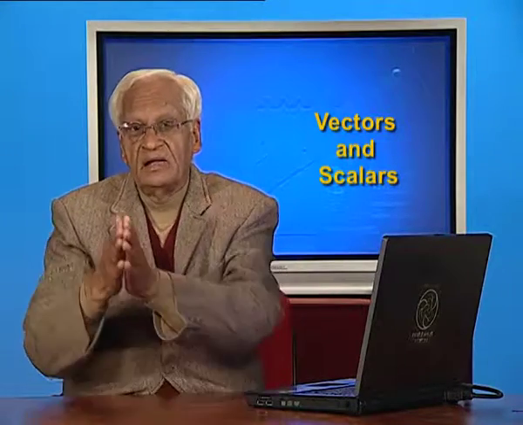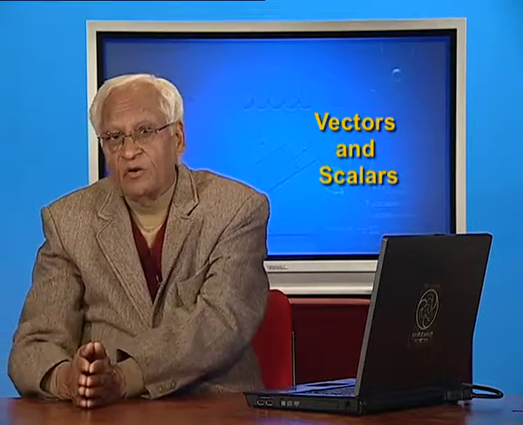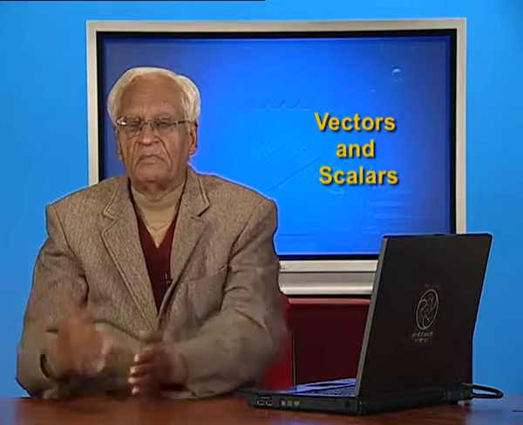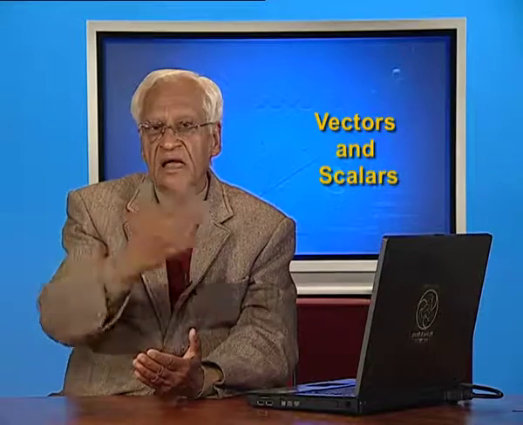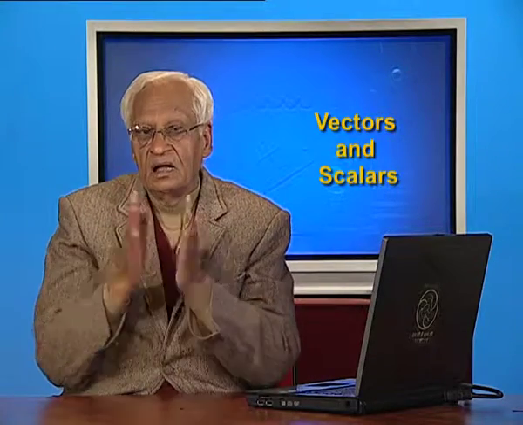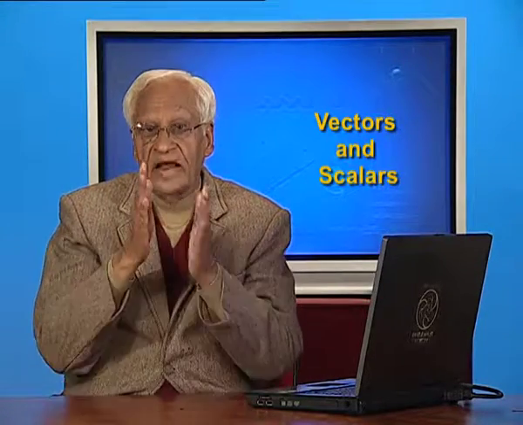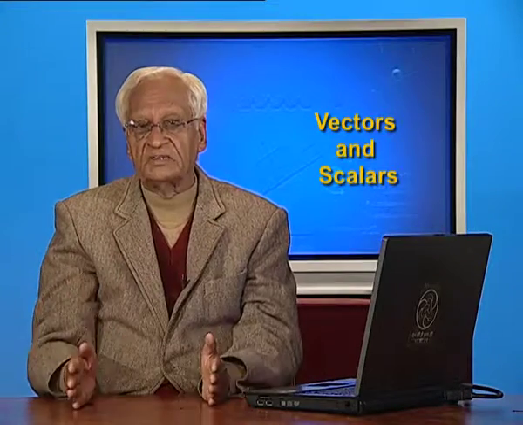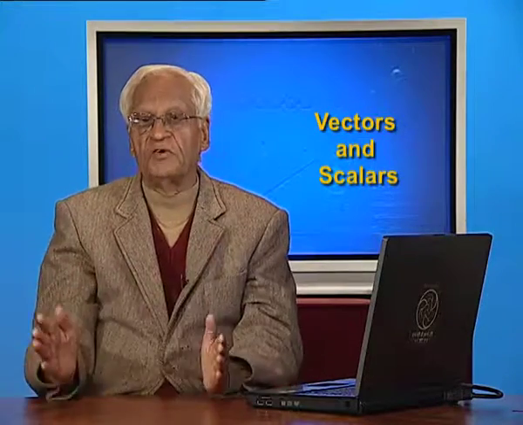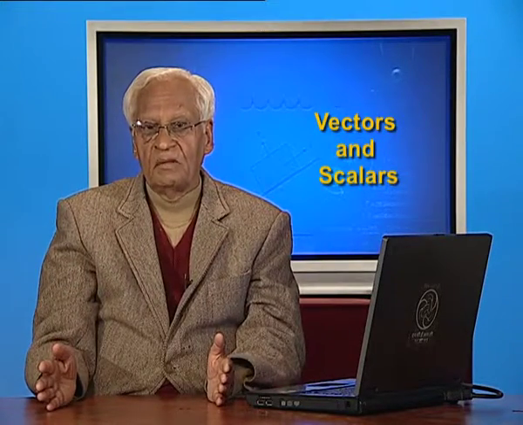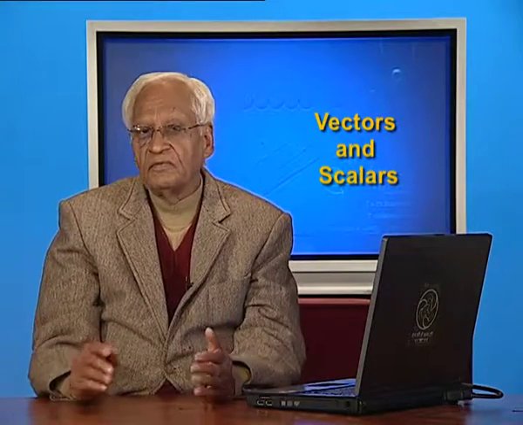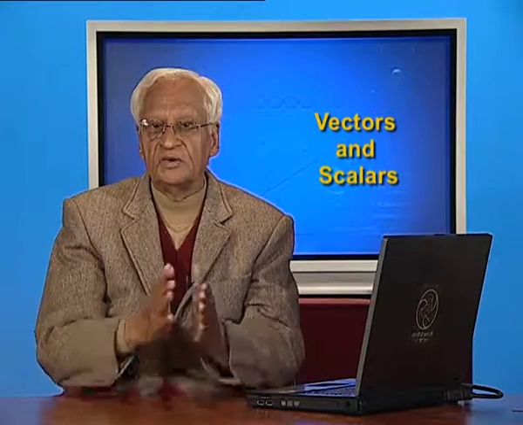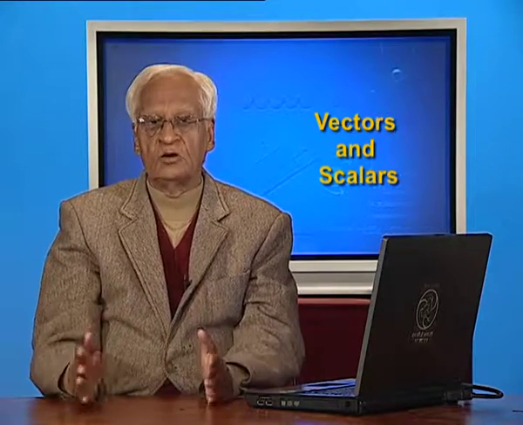How we can make the right hand side also a vector is by introducing what are known as unit vectors, which we shall see later. But remember that both the sides of an equation and all the terms in an equation must be vectors. If they are not, then you have a problem, then the equation would be judged as wrong.